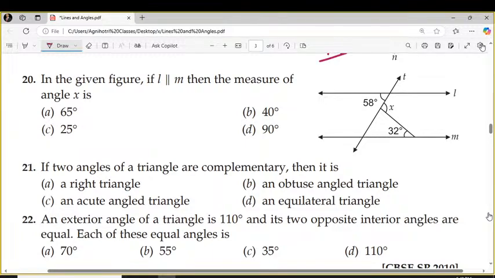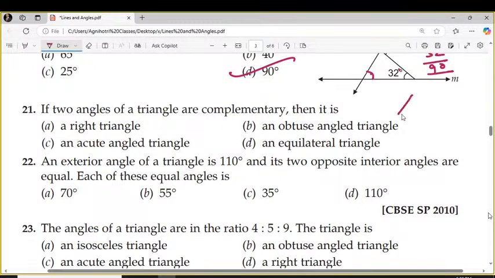Okay, 65 degrees your answer. Let's check this. If this is 58, this should be 58, and this x should be 58 plus 32. Sorry, sir, so the answer should be 90, not 50. It should be 90. Yeah.